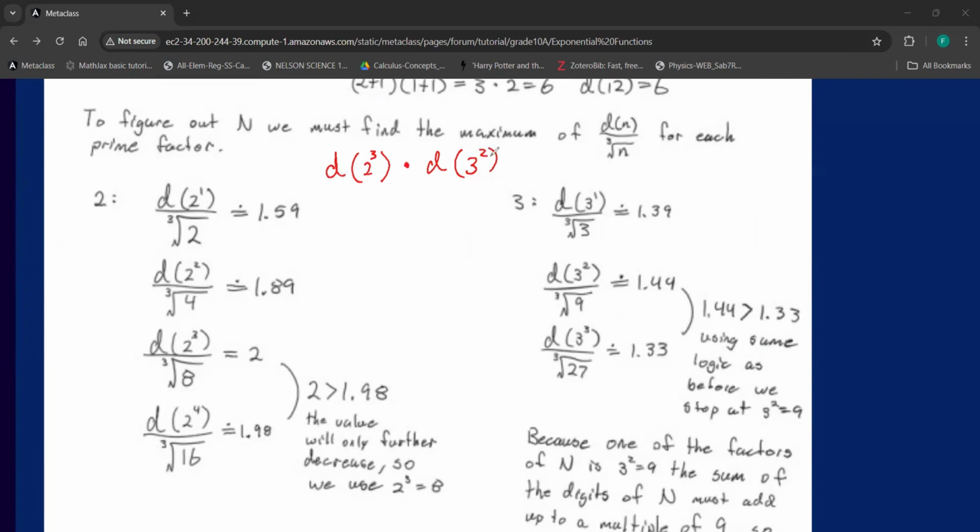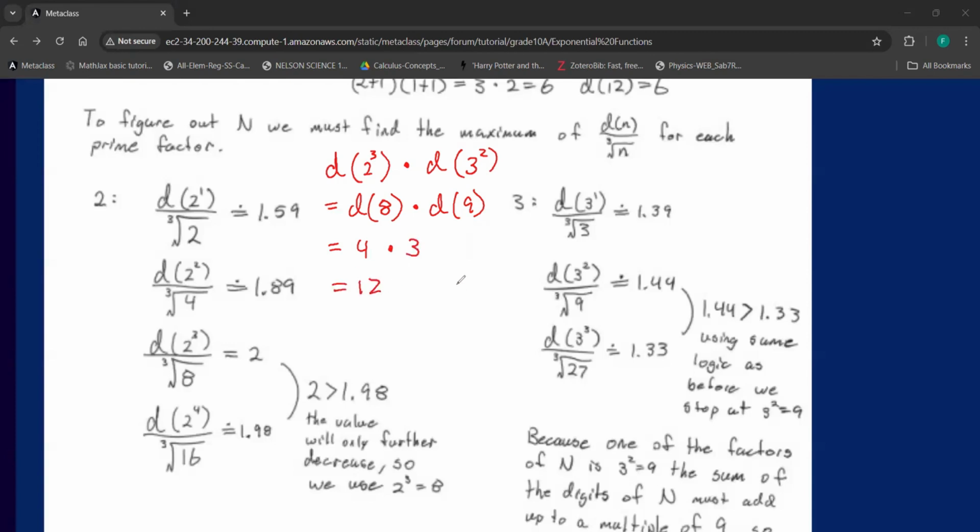This is equal to d of 8 times d of 9. You can write it as this because of what I wrote about how you can quickly find d of n. So basically what this is equal to is 4, and then times, since this is 2, you add 1 to that, that's 3, and that is equal to 12.